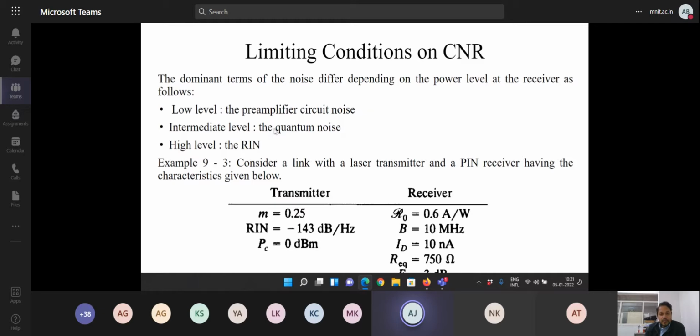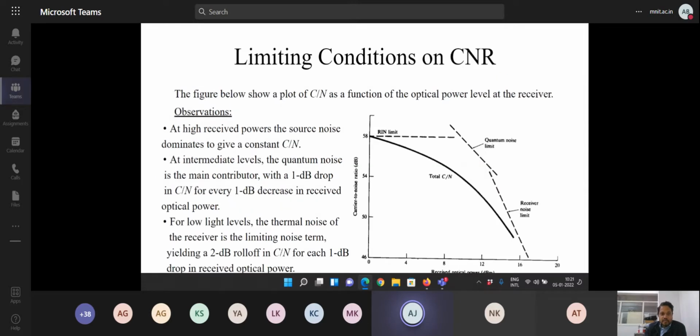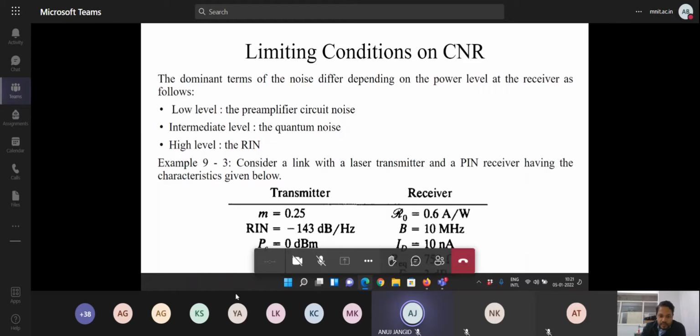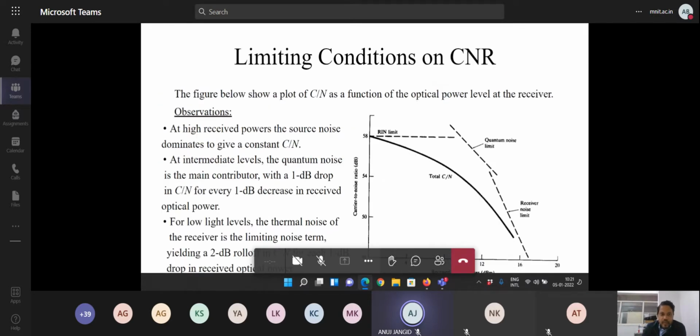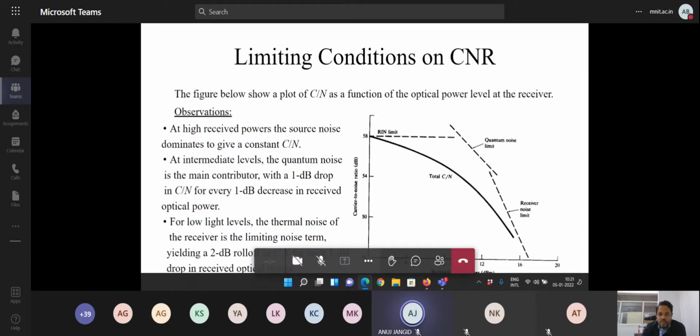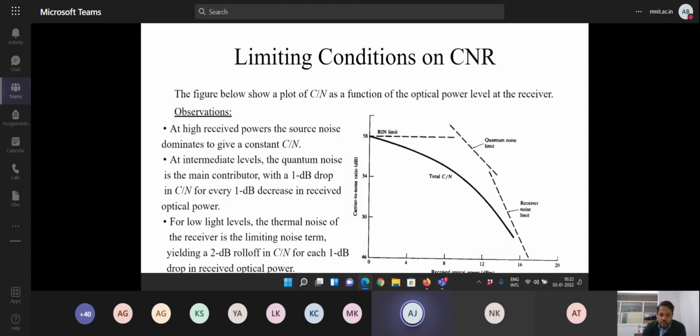And this is an example of how you can calculate the CNR if the different parameters are given. Limiting conditions mean what would be the maximum noise.